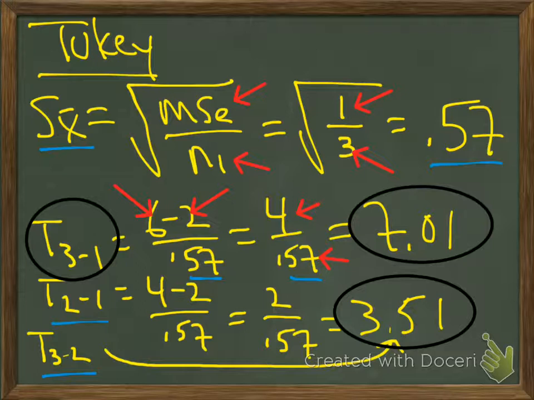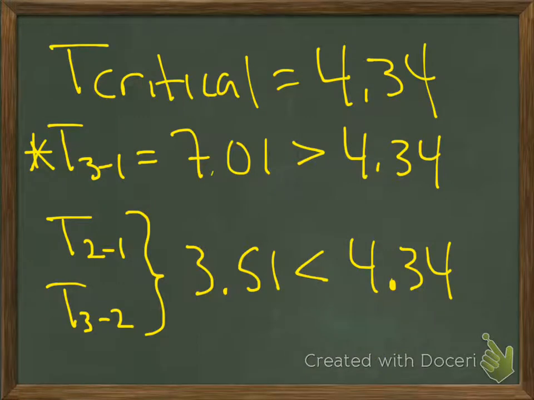Now, we look at Appendix D, and in Appendix D, the top of Appendix D does not have degrees of freedom between groups. It has the number of groups being compared. So we're comparing 3 groups, and we use our degrees of freedom error for the left-hand column, which in this case was 6.